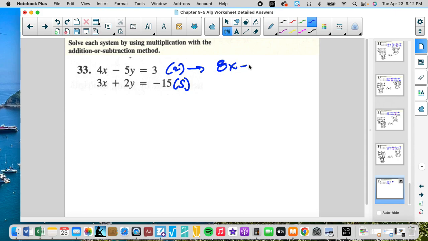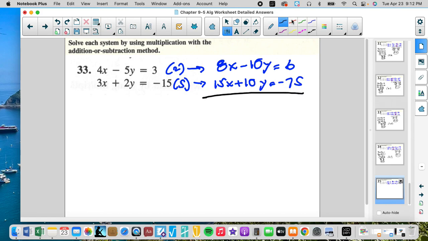8x minus 10y equals 6. 15x plus 10y equals negative 75. Cancels. 23x equals negative 69. Divide by 23.